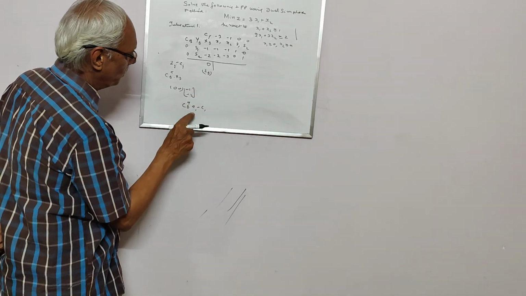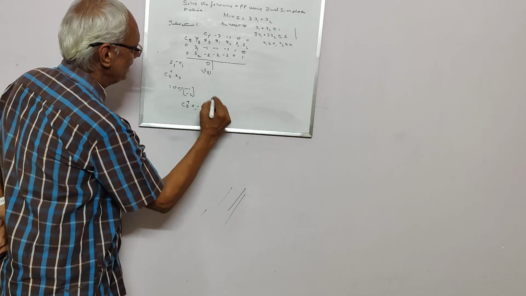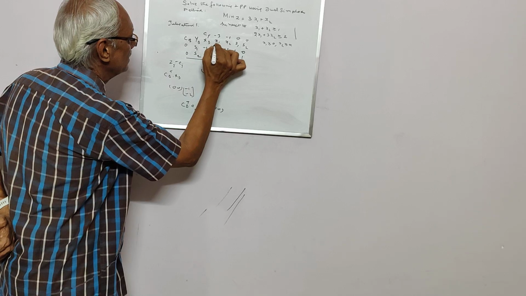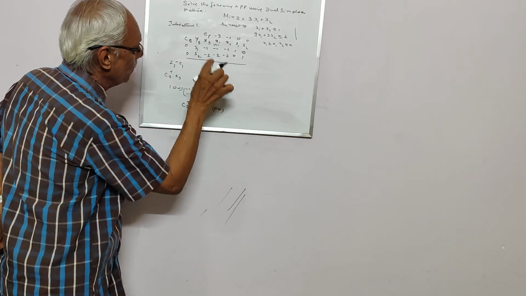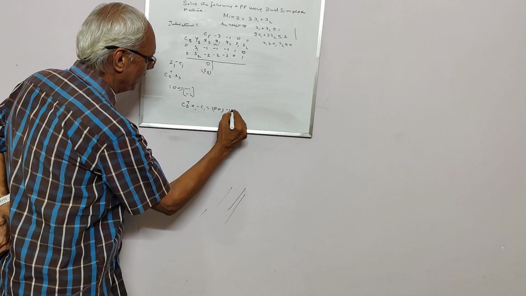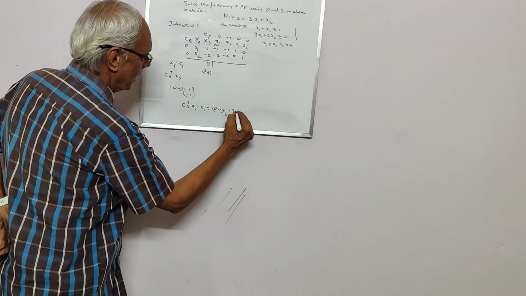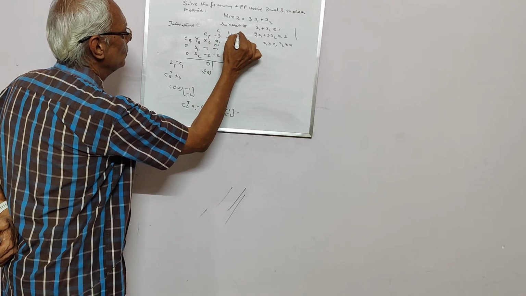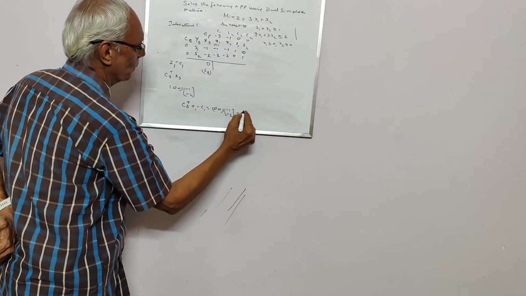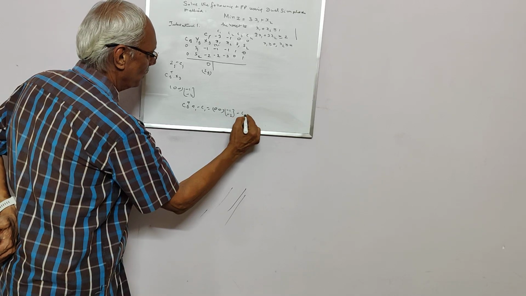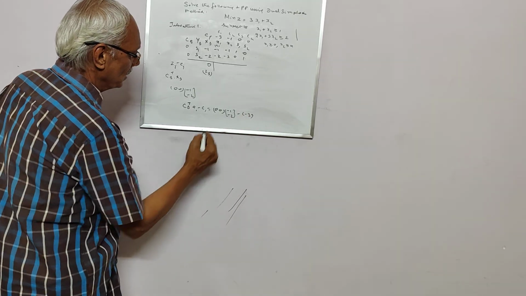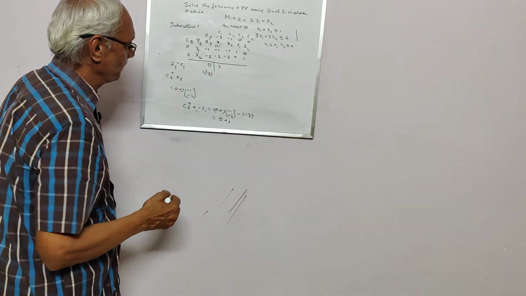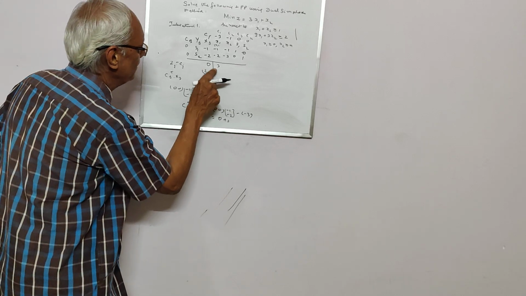So this is equal to CB, which is 0, 0, into A1, which is minus 1, minus 2, minus C1. This is C1, this is C2, this is C3, this is C4. So minus C1 is minus of minus 3. So this is 0 plus 3. So what is the value that you get here? 3. That is how you get the first column of Zj minus Cj.